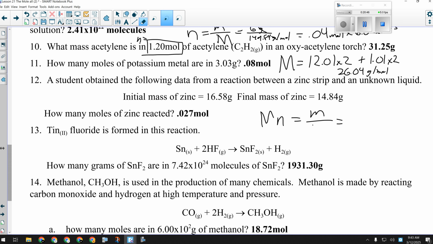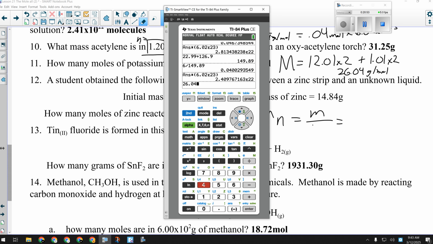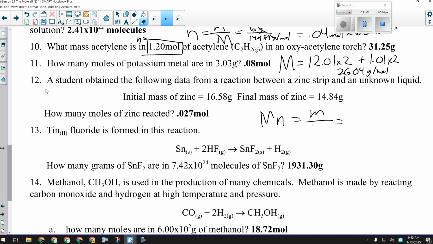So we take our 26.04 and multiply it by 1.2. We should get 31.25 grams of acetylene. Any other ones we want to go over, guys?